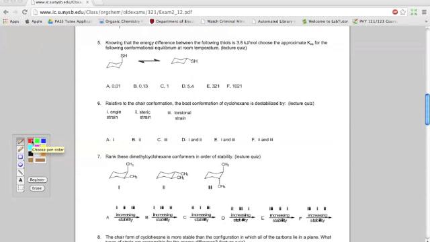These questions. So you want to find the equilibrium constant of this, and all they're giving you is the amount of energy. Now, if you remember in general chemistry, they gave you an equation. It was delta G equals delta G0 minus RT ln of EQ.